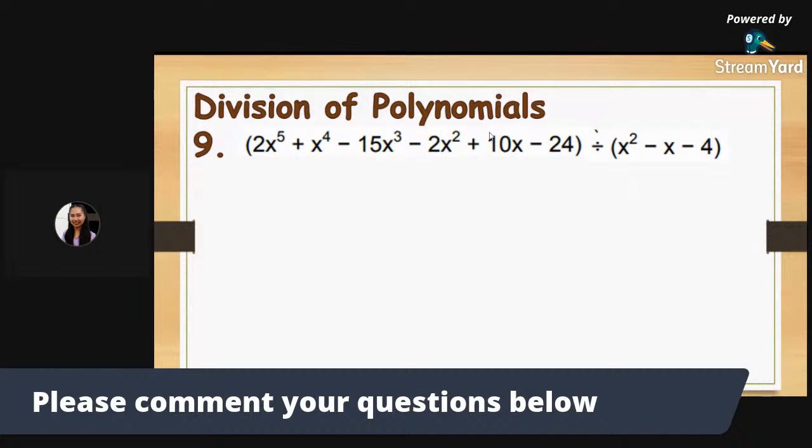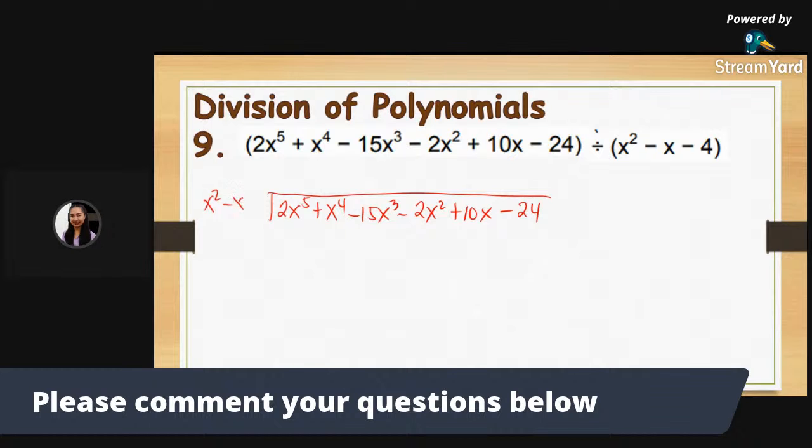We'll have long division. Okay, so 2x to the fifth plus x to the fourth minus 15x cubed minus 2x squared plus 10x minus 24, divided by x squared minus x minus 4. So, 2x to the fifth divided by x squared, we get 2x cubed.